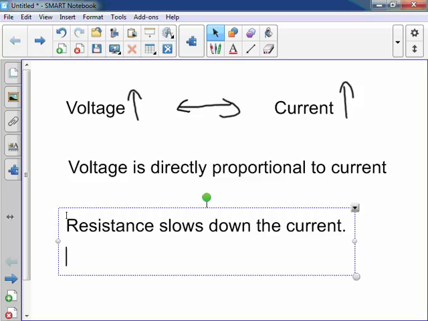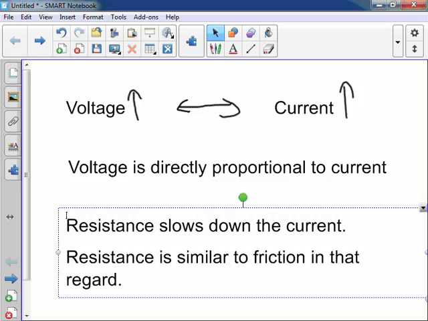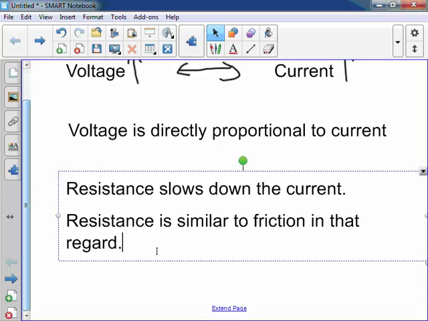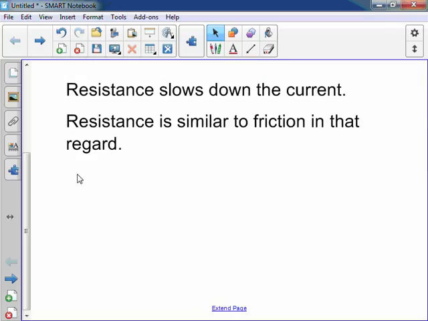And you can think of resistance as friction in that regard. Friction is actually a really complicated thing if you study it and try to make some nice wheels and tires that have a lot of grip. Resistance is a lot simpler than that, believe it or not.